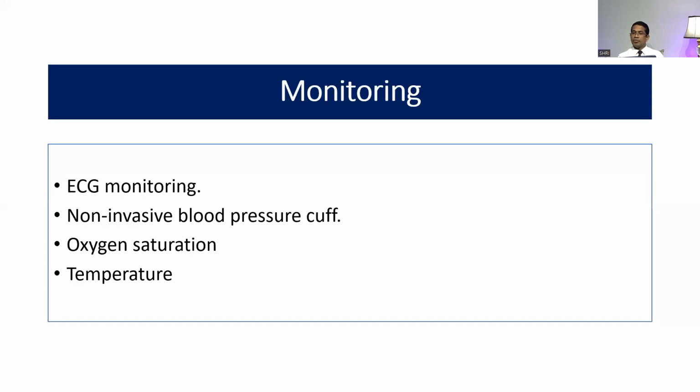In D, you monitor the patient's GCS and the pupils, and in addition you need to monitor the patient's sugar appropriately. And in E, what you monitor is temperature. Okay, therefore make sure the patient is on an ECG monitor, non-invasive blood pressure, oxygen saturation probe, and that you have the temperature and the sugar level.